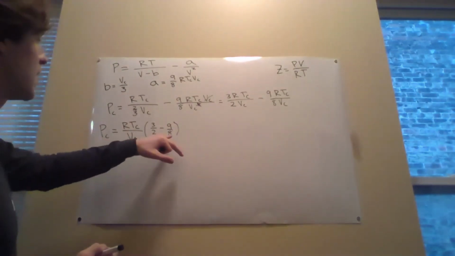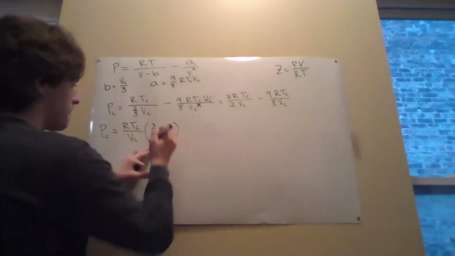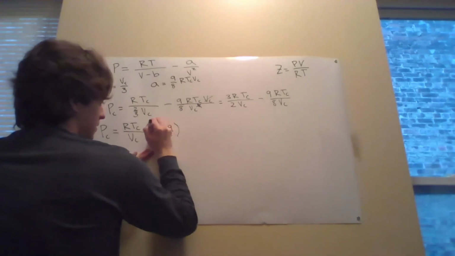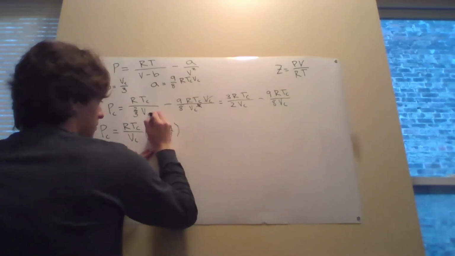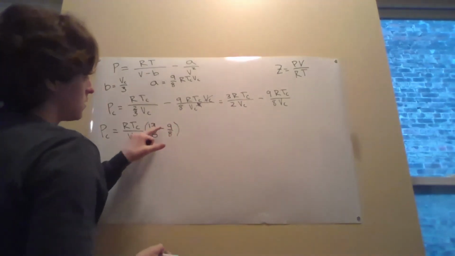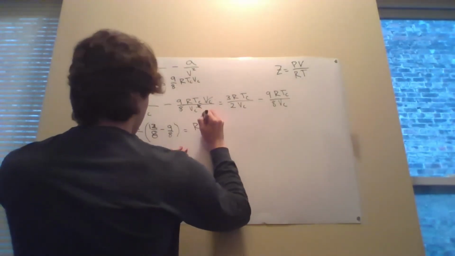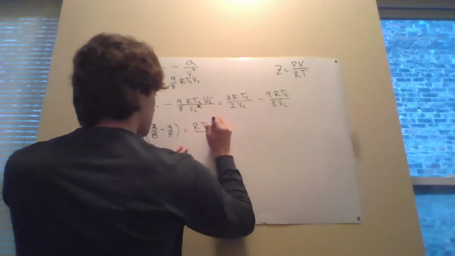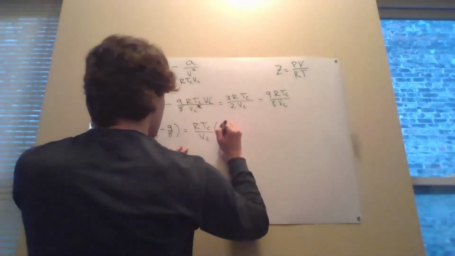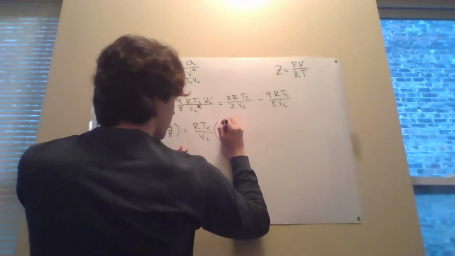Getting a common denominator, which is 8, this becomes 12/8. So 12/8 minus 9/8 will be 3 over 8, times this.